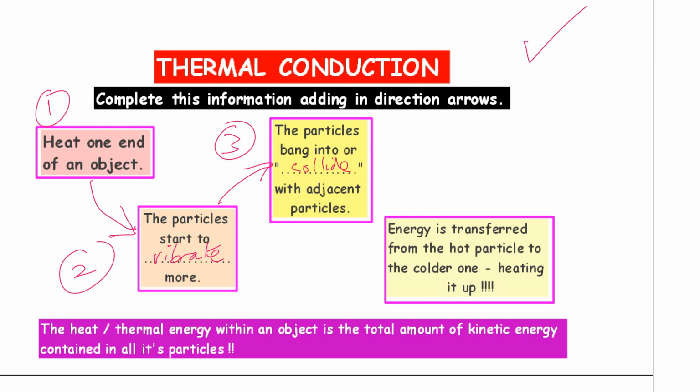Adjacent means next door neighbour particles. And then number 4, energy is transferred from the hot end of the object to the colder end of the object. The heat, or thermal energy, within an object is the total amount of kinetic energy contained within its particles.